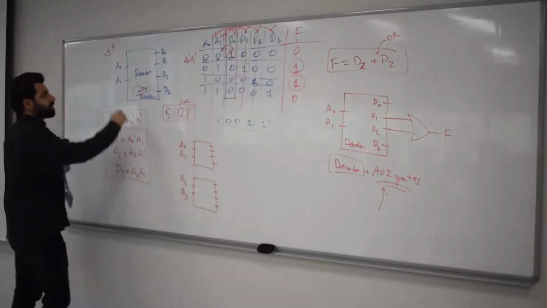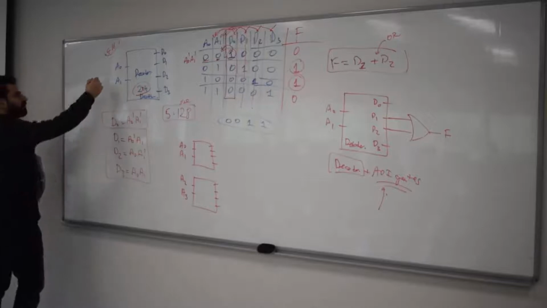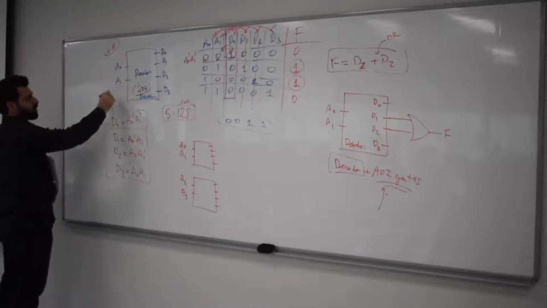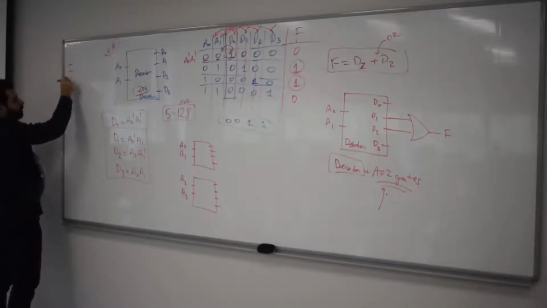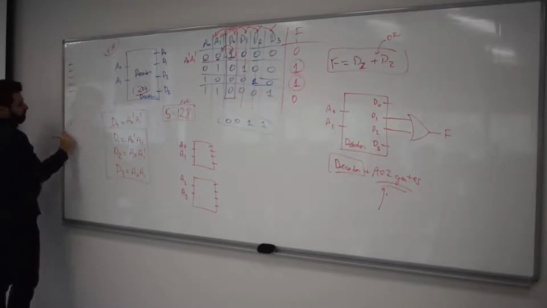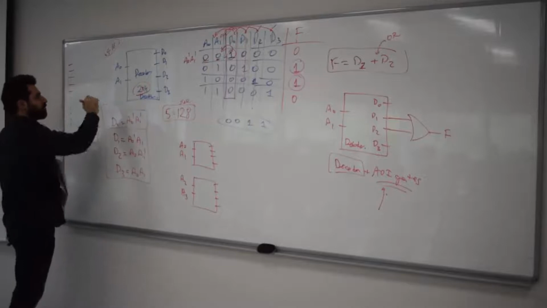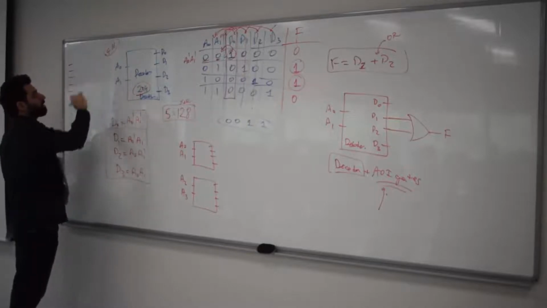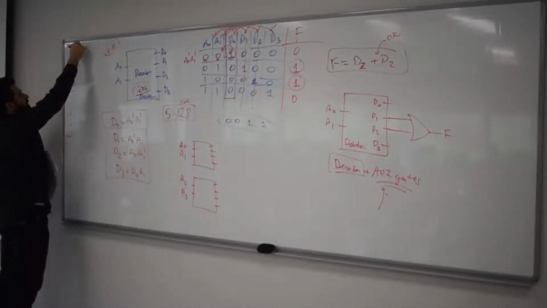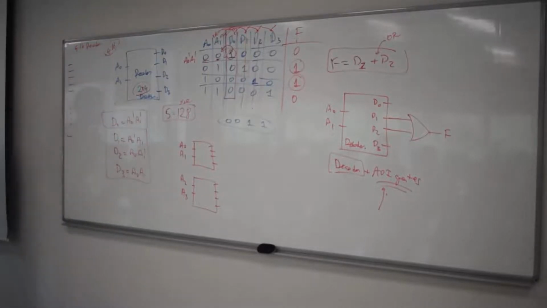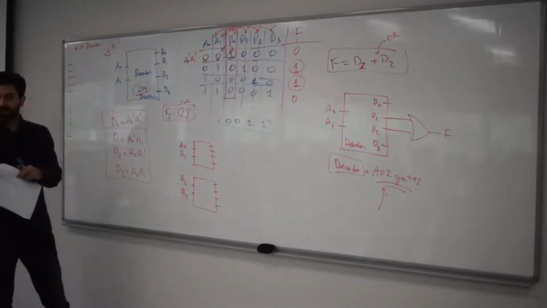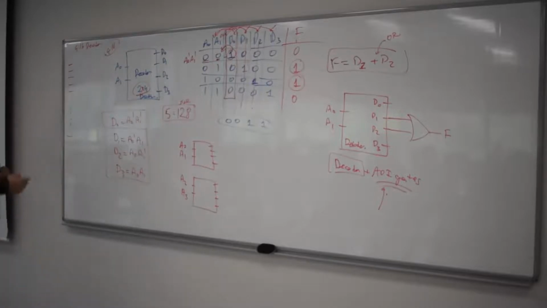I know the decoder's general description. If you have A0, A1, A2, and A3 as input to this 4x16 decoder, what would be the first output, which is the first min term, in other words M0?